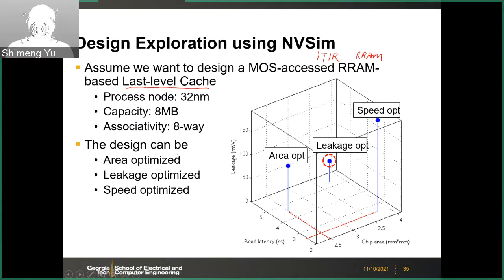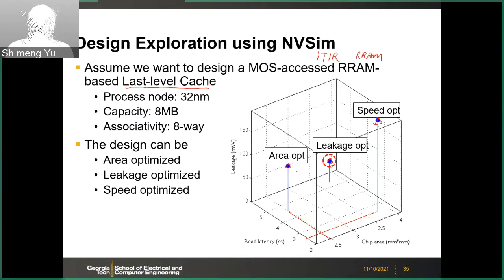Then your design can be area optimized, leakage optimized, or speed (latency) optimized. If you use the tool and run a lot of simulations, going through the combinations of all possible variables, you can get the design points for the area optimized, leakage optimized, and speed optimized designs.